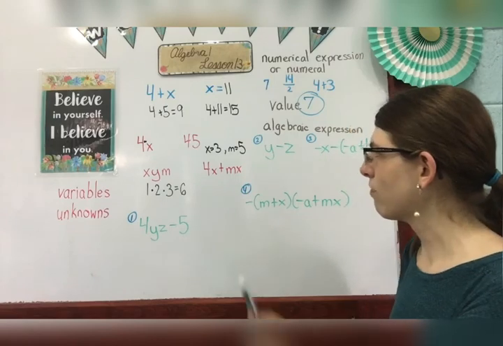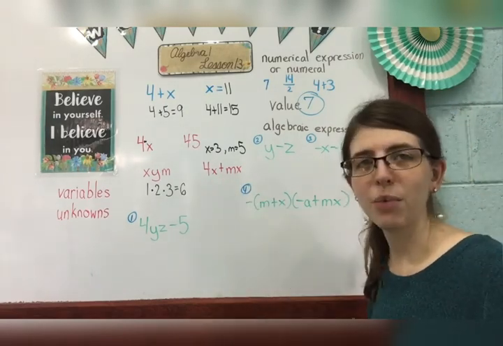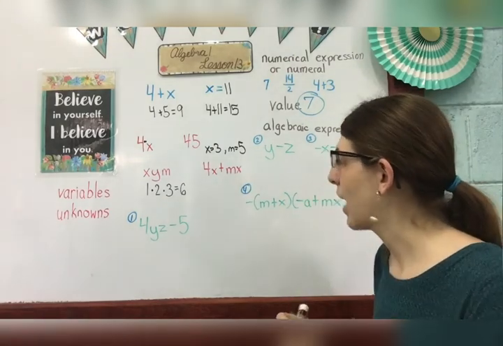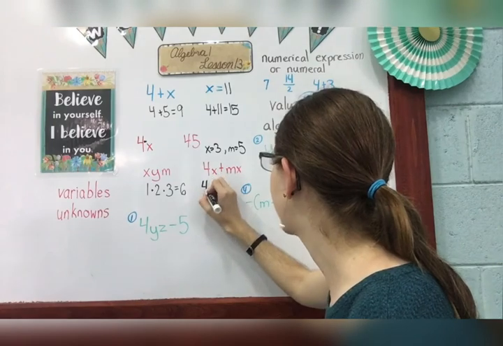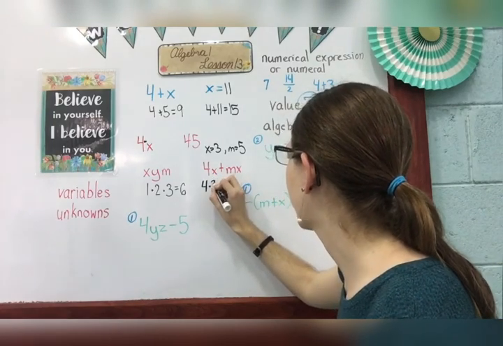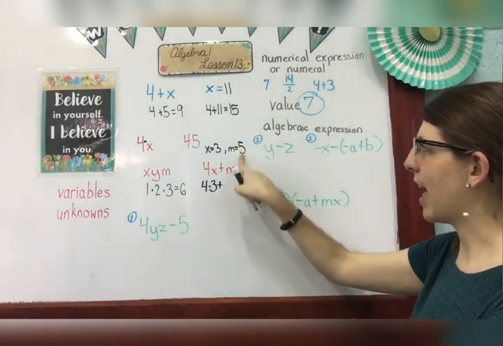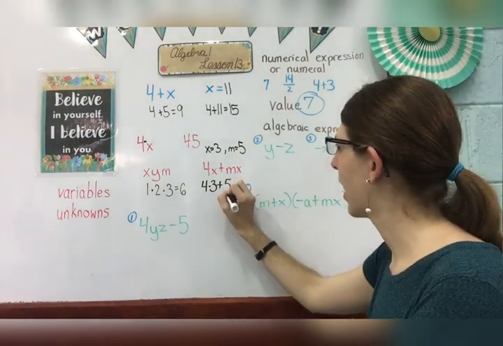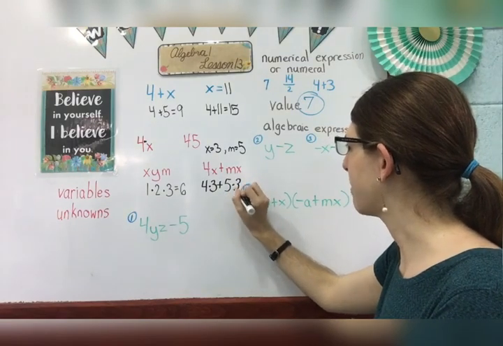So if my x equals 3 and my m equals 5, I need to evaluate my expression like this. I would say that this is 4 times 3, because the x stands for 3. Sorry, I know I turned my back on you guys a lot. Plus, m is 5 times x, and since I know that x is 3, I don't change anything and I keep it 3.